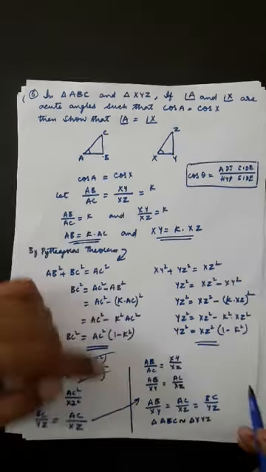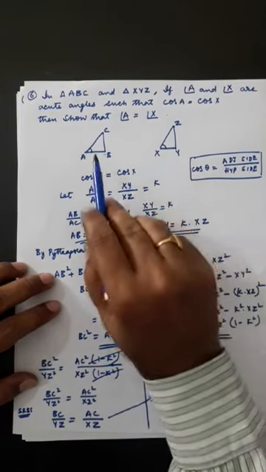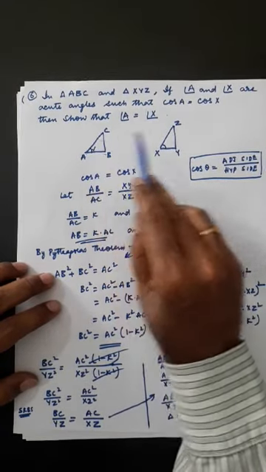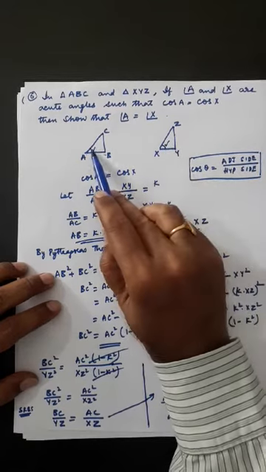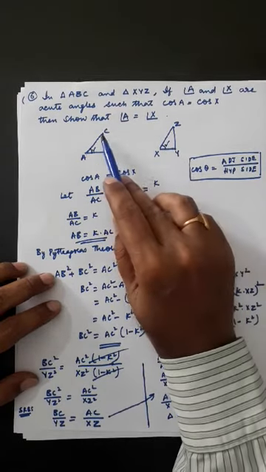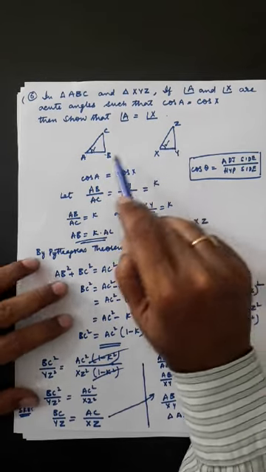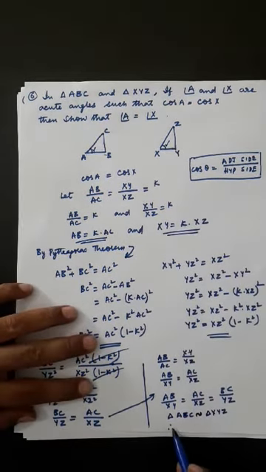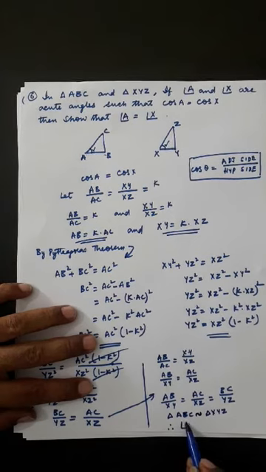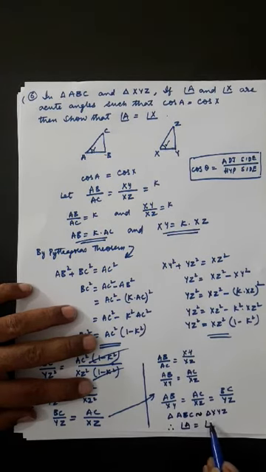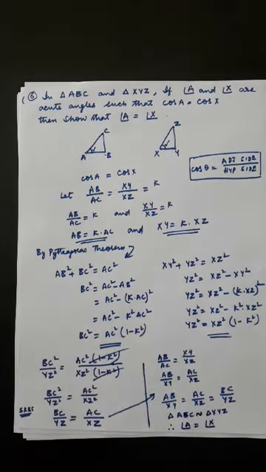If both the triangles are similar, then the angles will also be equal. Angle A will be equal to angle X, angle C equal to angle Z, angle B equal to angle Y. Therefore, angle A equal to angle X. So this is proved.